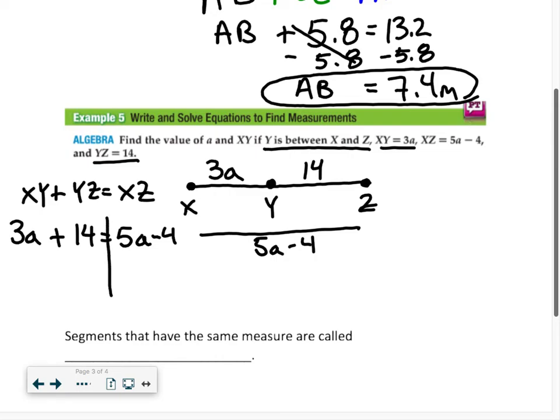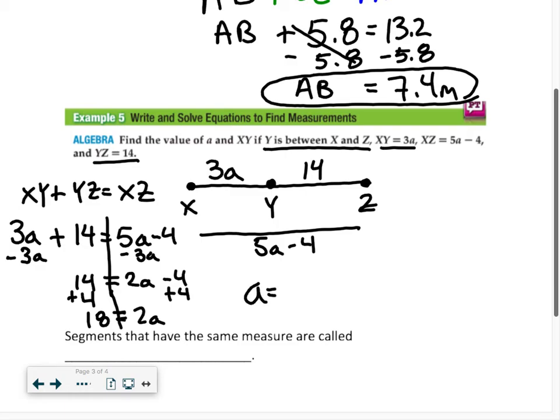Solving for a, get all of our a's on one side. That gives me 14 equals 2a minus 4. Add 4 to both sides. We've got 18 equals 2a. Divide both sides by 2. a is 9.